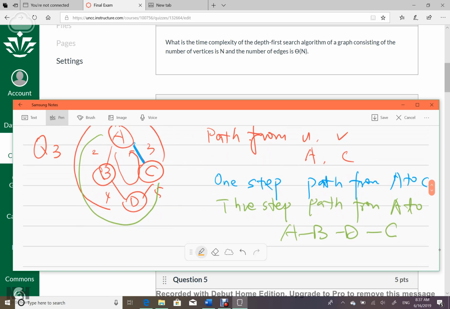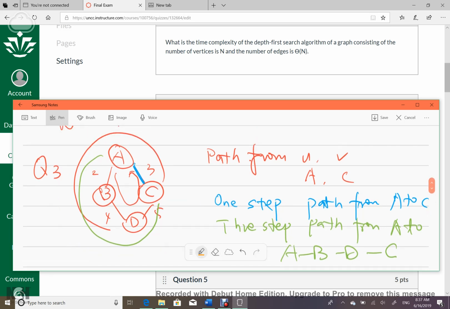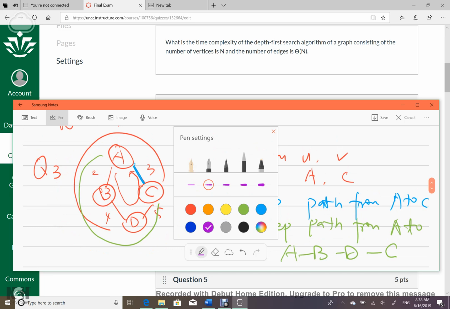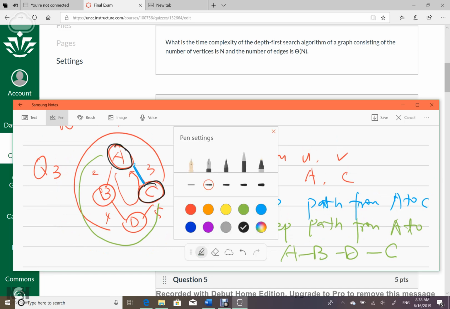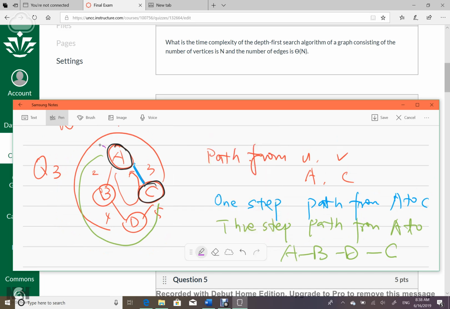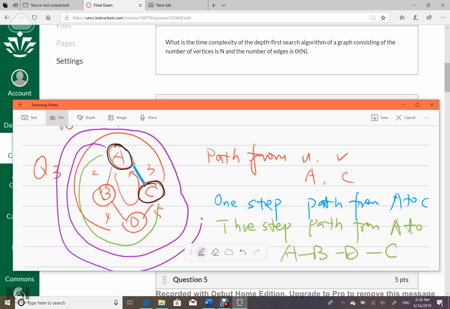Since it's corresponding to paths, it could have, in another color, from A to C, from here to here, to here and to here, right?